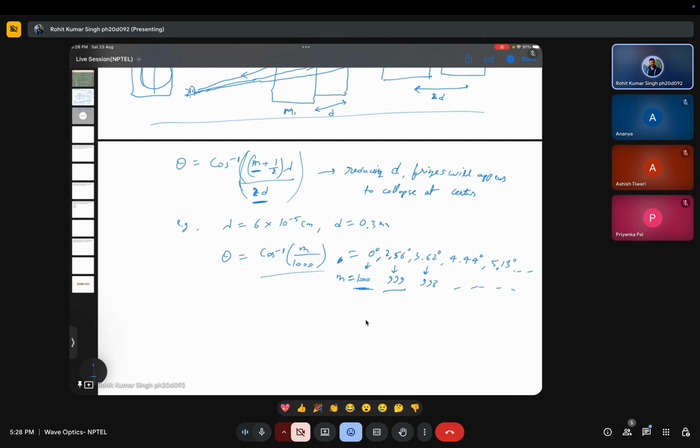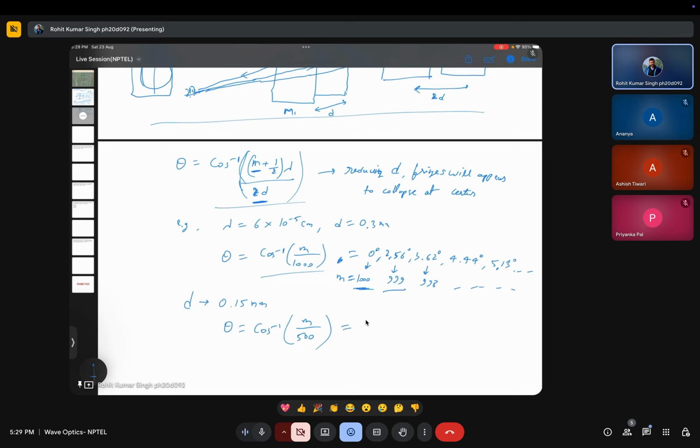Now when you decrease the distance to half, like 0.15 mm, if you calculate theta from this formula, you will get this.